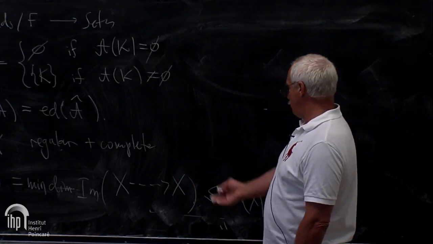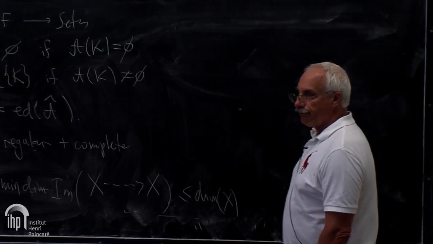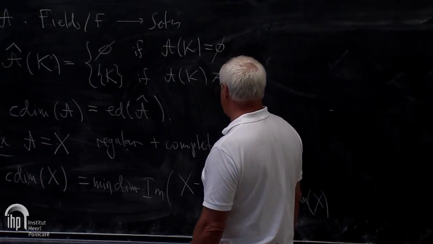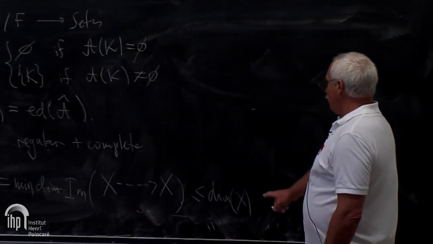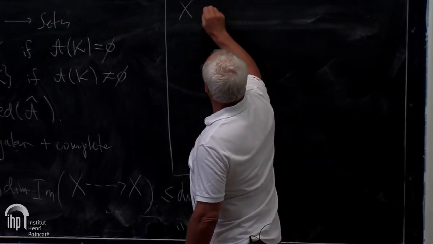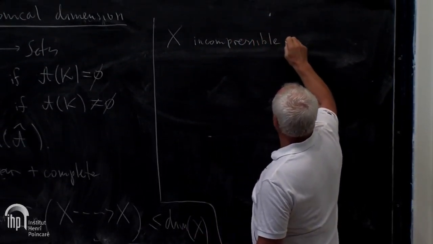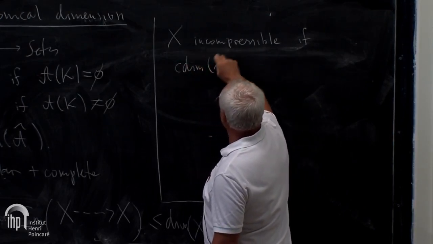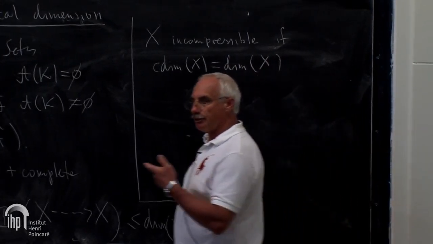Maximum is for the identity, the whole. If this is equality, X is called incompressible, if the canonical dimension is equal to the dimension. So in other words, every rational morphism from X to itself is dominant.